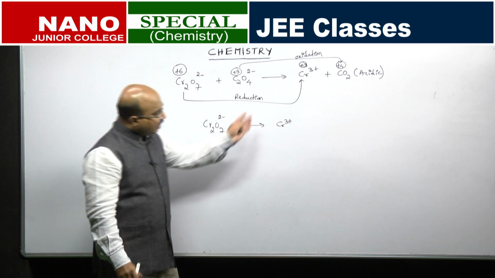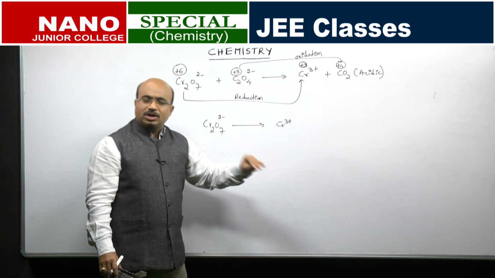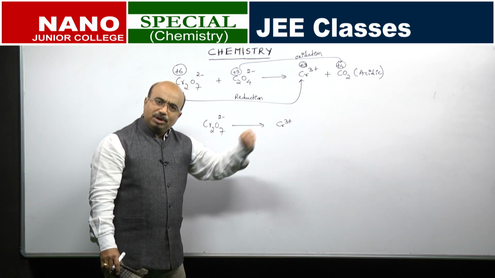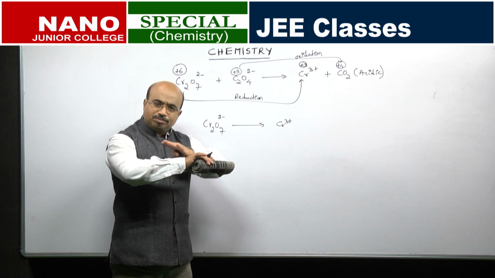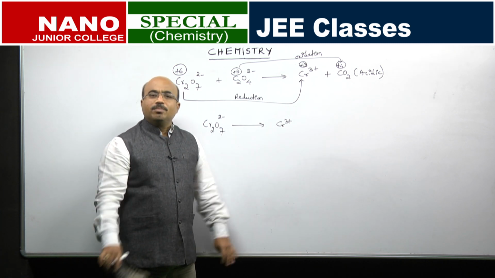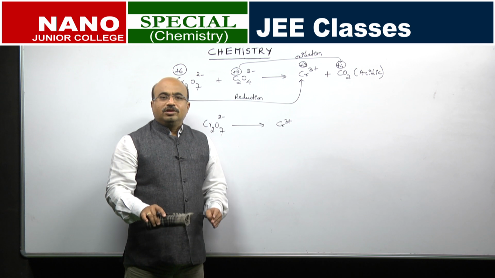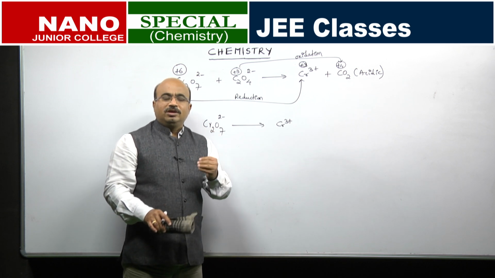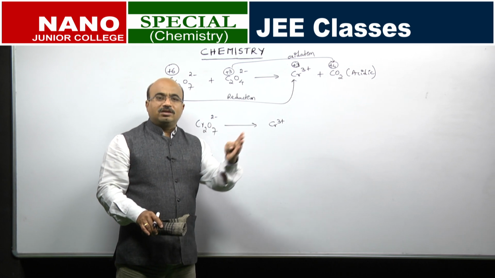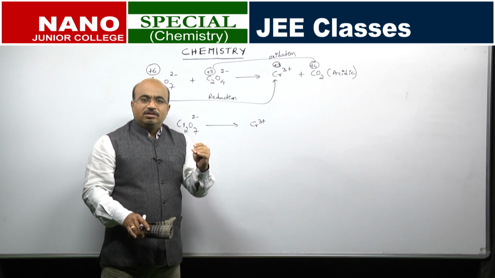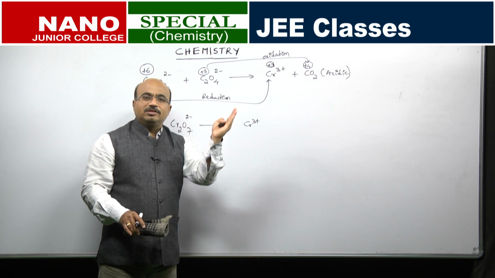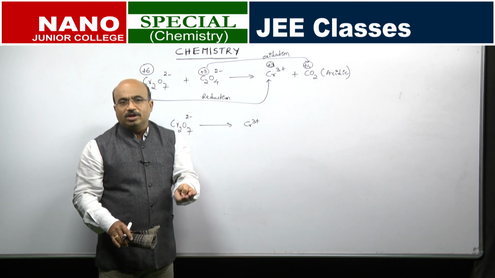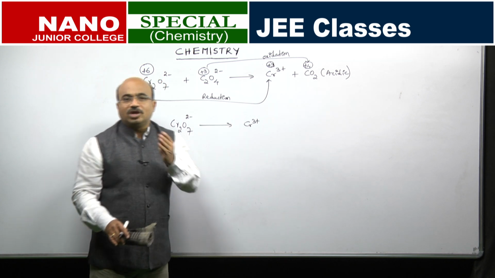Instead of writing again separately, what I said is we will write below it itself and do the steps there one by one. When writing the next step, sometimes students miss the charge: Cr2O7 2 minus is there, but they write Cr2O7 only, and miss that charge.